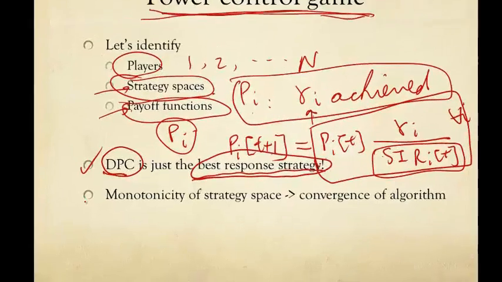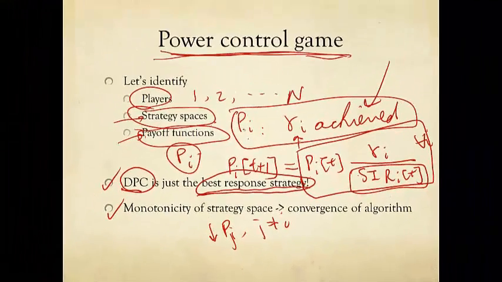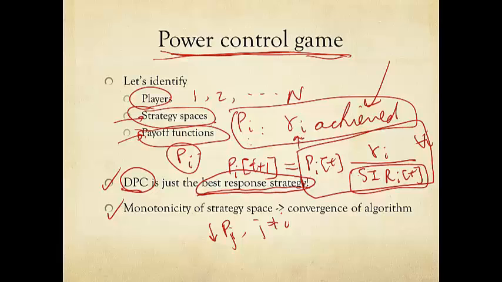The second thing you can check is a monotonicity of the strategy space. What do I mean by that? By that I mean that if all the other users make their powers P_j, j not equal to me, I'm user i, smaller, then my strategy space, the set of P's such that the gamma can be achieved, will be bigger.